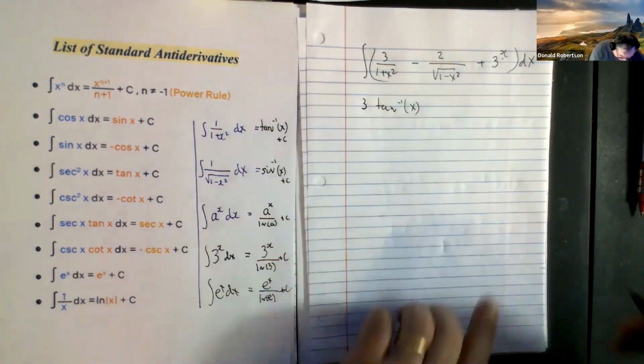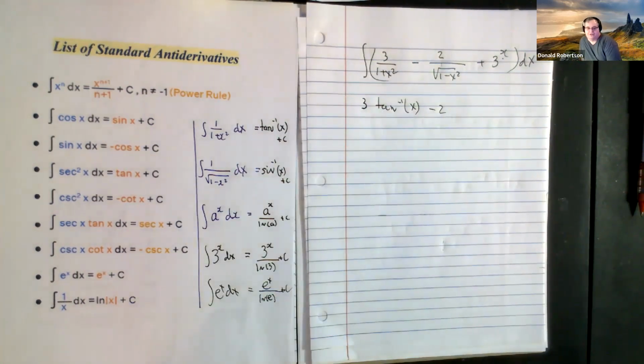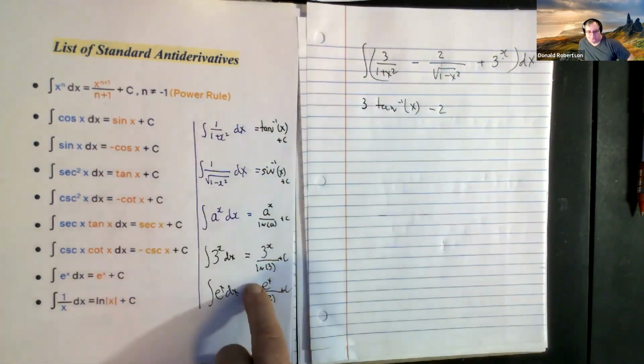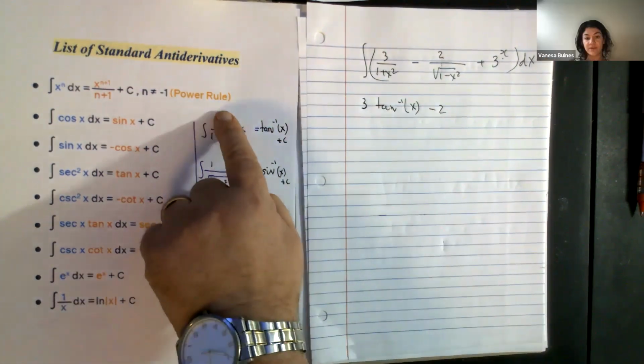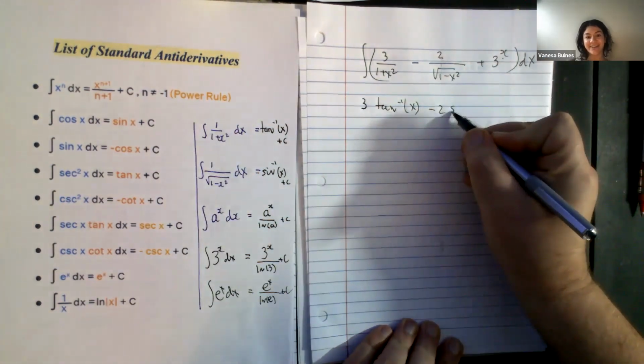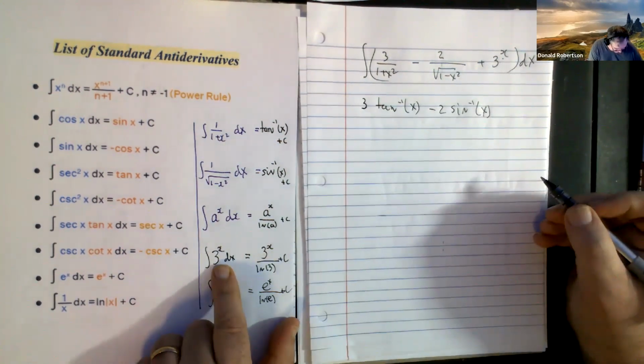Okay, minus 2, I'll put the minus 2 part in. What's the antiderivative of 1 over the square root of 1 minus x squared? Inverse tan or inverse sine. Agreed. And this guy is that guy.